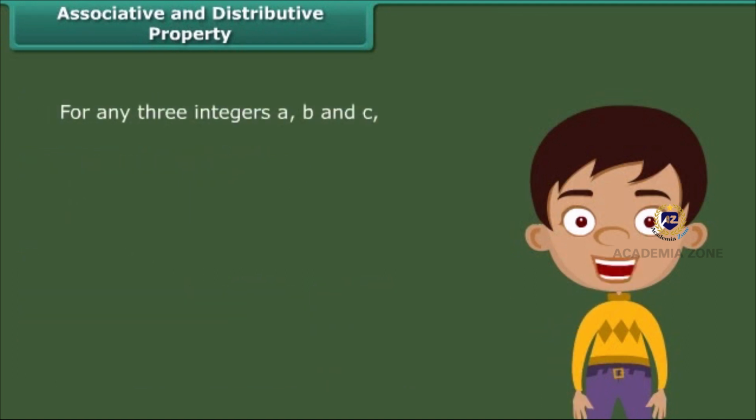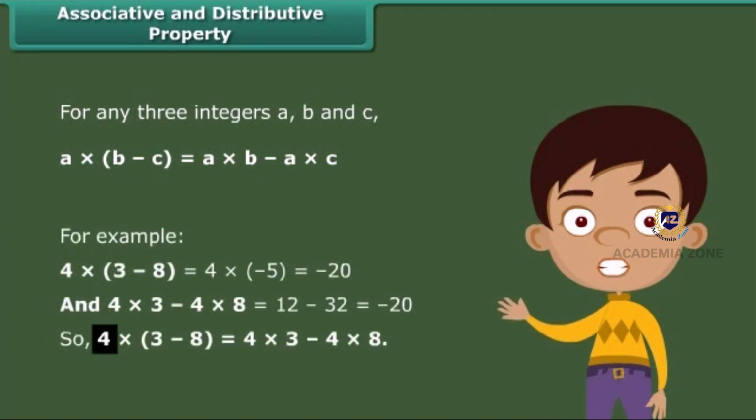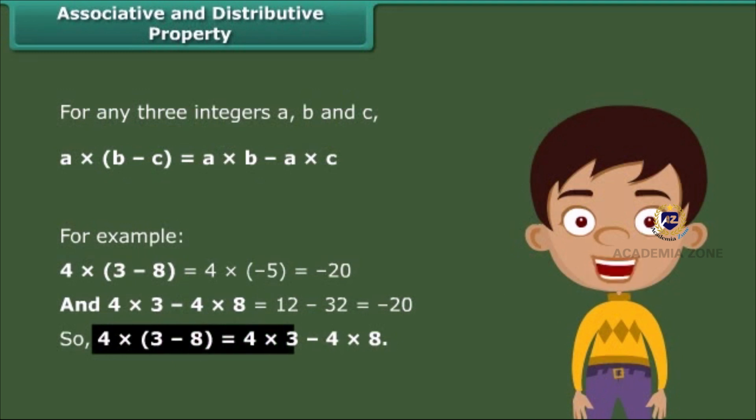Similarly, for any three integers a, b, and c, a into (b minus c) is equal to a into b minus a into c. For example, 4 into (3 minus 8) is equal to 4 into 3 minus 4 into 8.